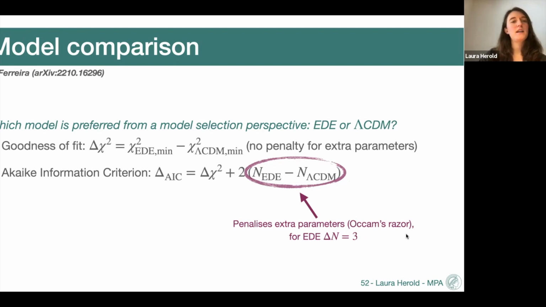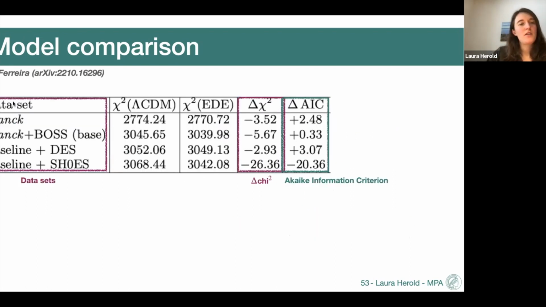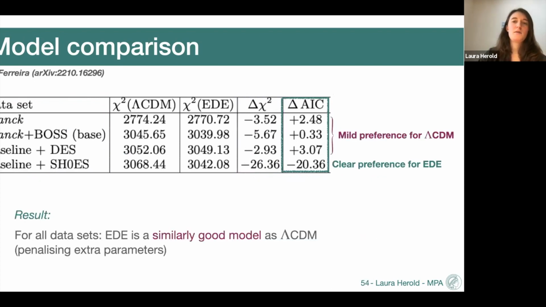So we look at this Akaike information criterion for our 4 different dataset combinations. We compute the delta chi-square and the delta AIC. And essentially we find a mild preference for lambda CDM for all datasets that do not include SH0ES.